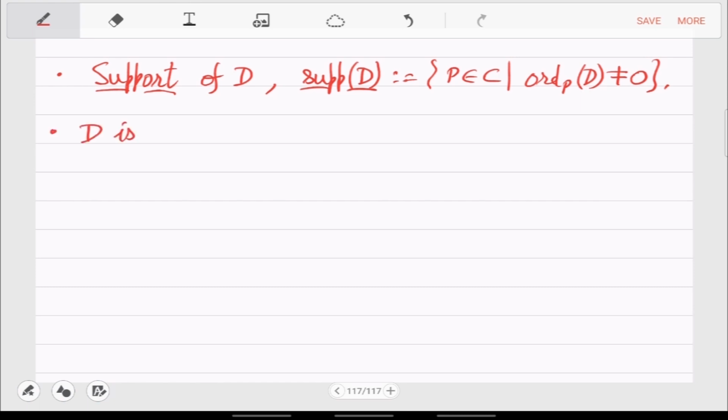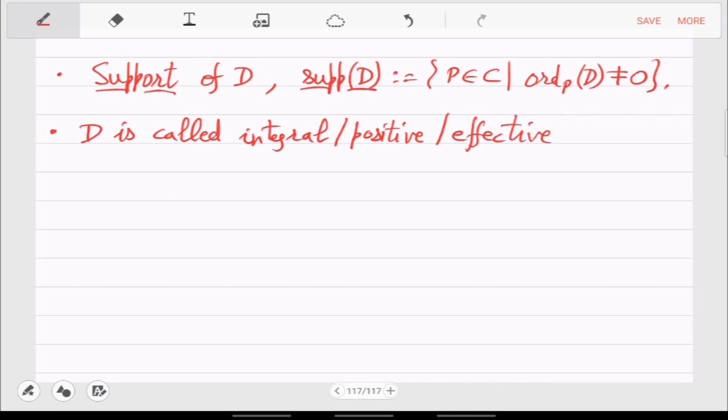So D will be called integral or positive or effective, depending on the literature that you use, if for all the points on the curve, the order is what?